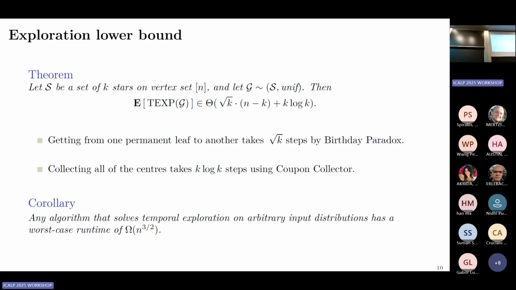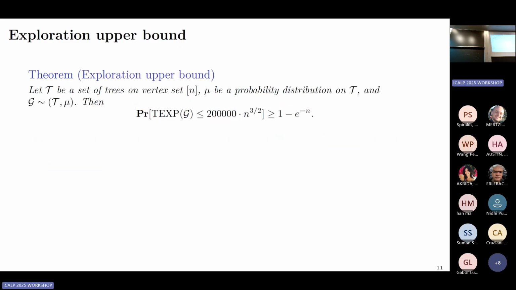And now the question is, is this tight? And the answer is yes. So we show that if you're given any set of trees and any distribution on those, so you can basically fully decide which kind of trees appear and how often, and now you draw a temporal graph from this, then you can explore this graph with high probability within 200,000 n square root n steps.